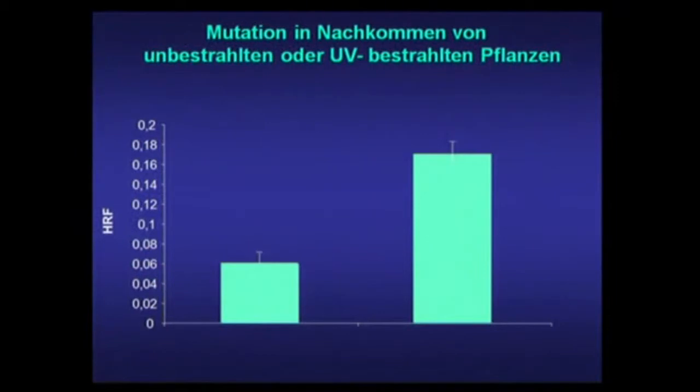Chance, by the way, is important in science. Plants were irradiated and tested in the next generation for spontaneous mutation for the number of blue dots, and the offspring of plants that had been irradiated had more blue dots than plants whose parents had not been irradiated.